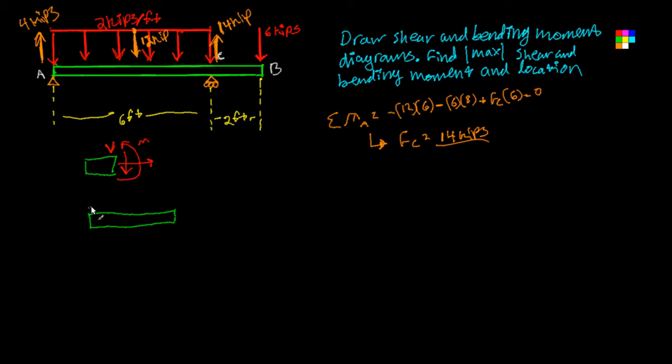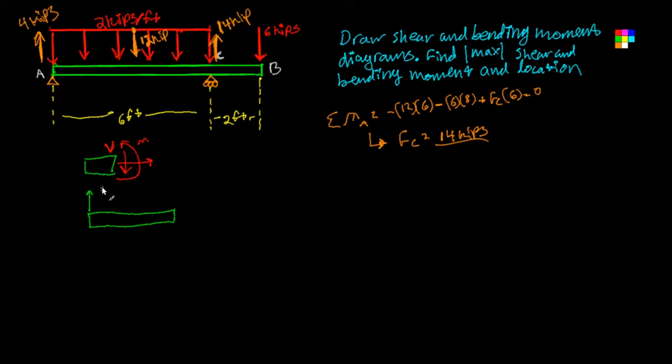So we've got 4 kips up here, and then all along here we have our distributed force downwards. So something like that.